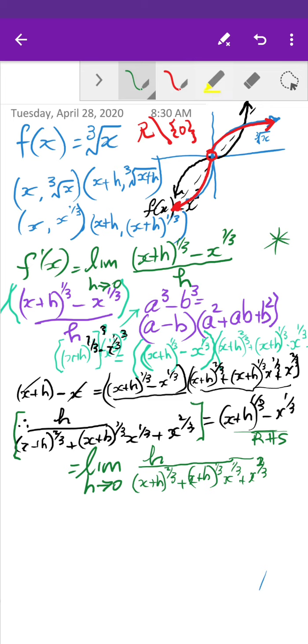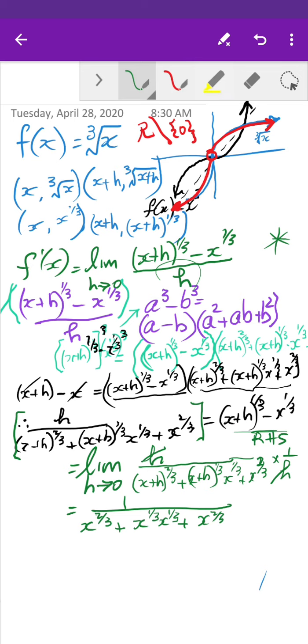And then we've got over h, so times h under the denominator, and you can see that that h will cancel. Let's substitute 0 in for h, and we've got 1 over x plus 0 to the 2/3, x plus 0 to the 1/3, x to the 1/3, and x to the 2/3.